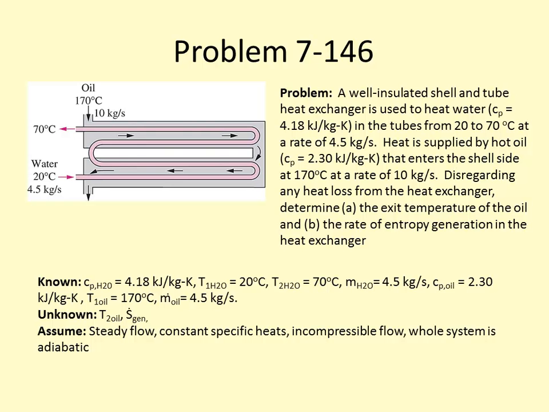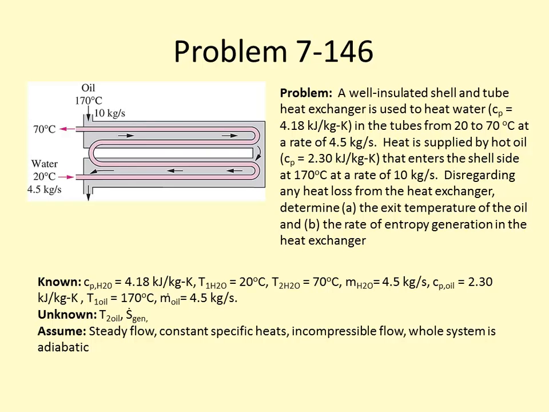That's one of the reasons why we had to solve for T2 of the oil to put it in these equations. In this case, it is important that these are in Kelvin because there's not a temperature difference, it's a temperature ratio. It has to be converted to Kelvin.